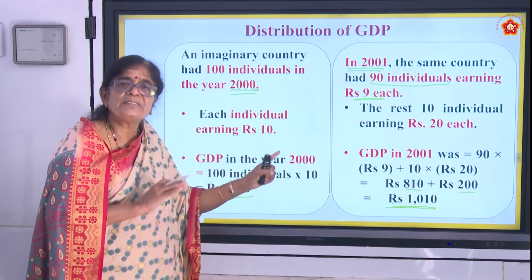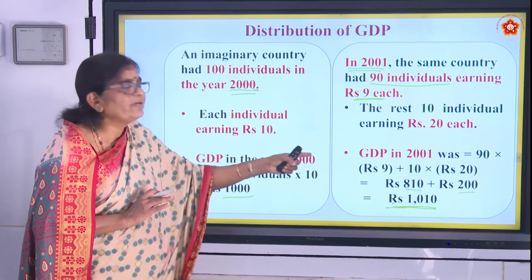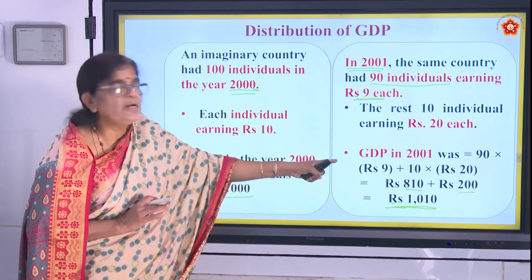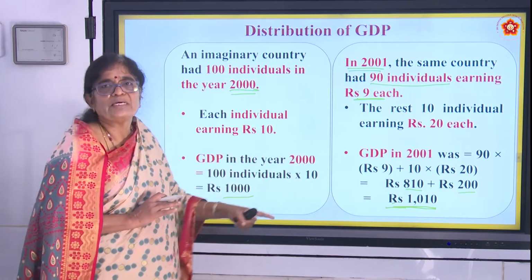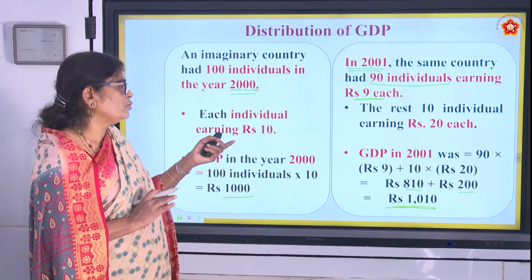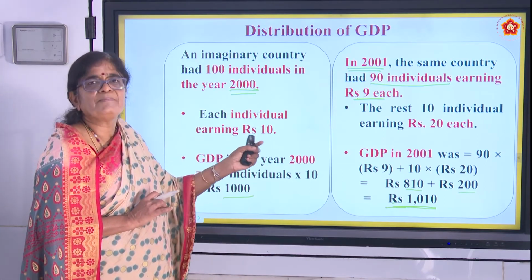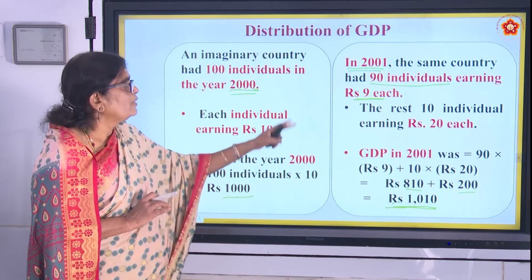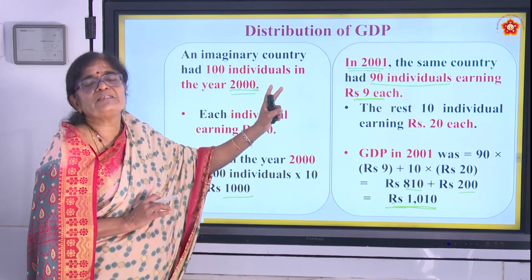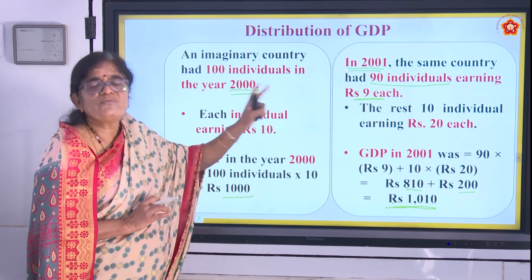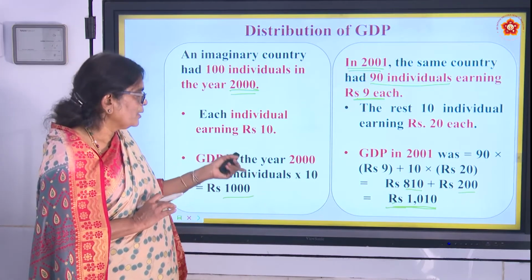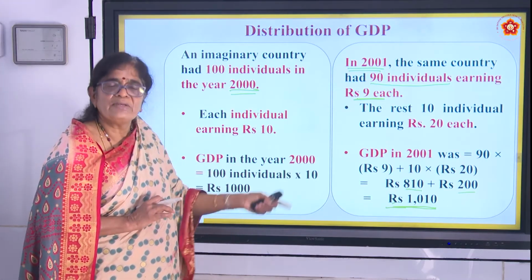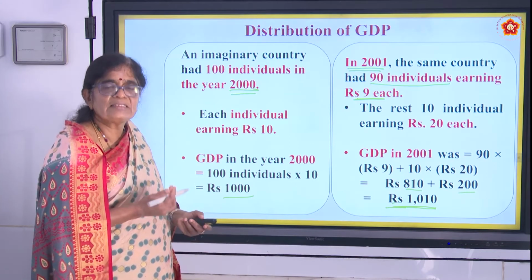Only their welfare has gone up, because their income doubled from 10 rupees to 20 rupees. So only a very small number of people got better off and 90% of the population is worse off. Therefore, we can't say that an increase in GDP means an increase in welfare.